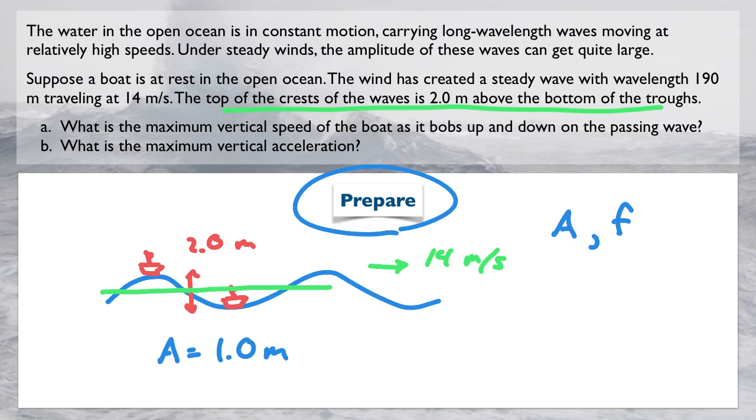Oh, well, I know the speed of the wave, that's 14 meters per second, and I know the wavelength of the wave, okay, that is 190 meters. So with those two pieces of information in hand, I can calculate the frequency by this equation. v is equal to f times lambda. And with that in hand, we're ready to do some solving.